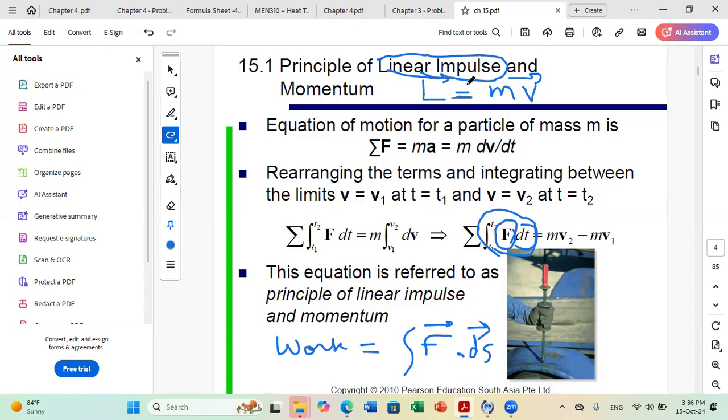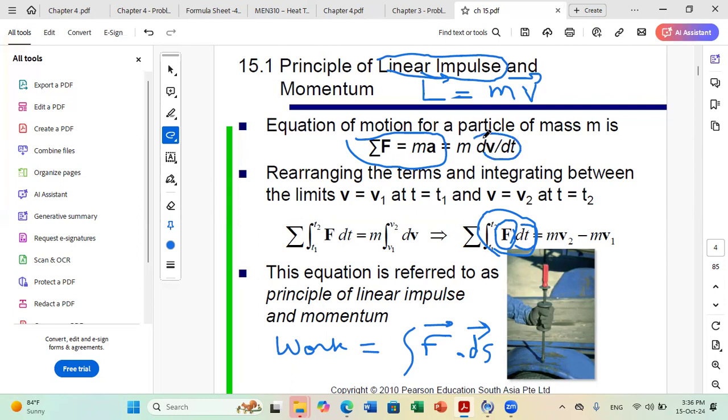Now, what is the relation between linear impulse and linear momentum? To know the relation between the two, you need to go back to the basics, which is Newton's law. Newton's law states that the sum of forces is equal to mass times acceleration. And we know by definition that acceleration is the derivative of velocity with respect to time.